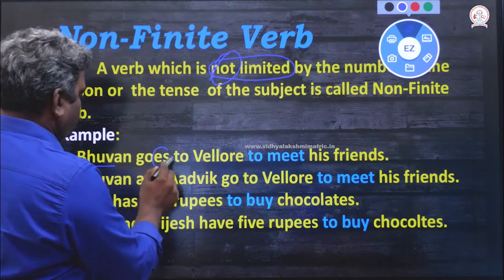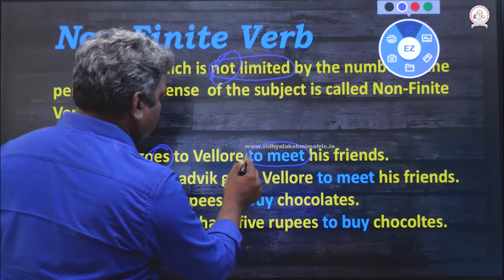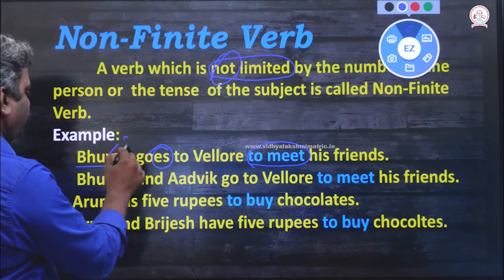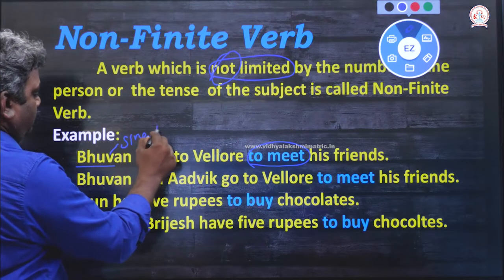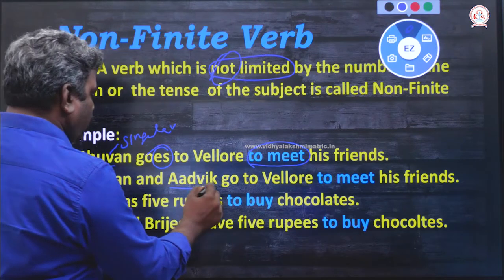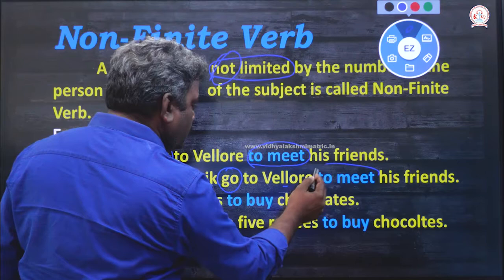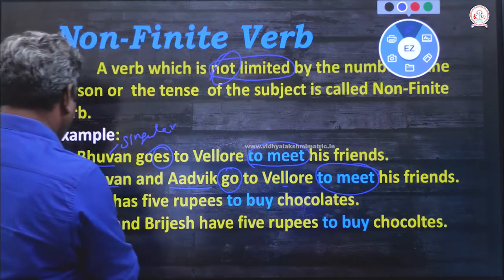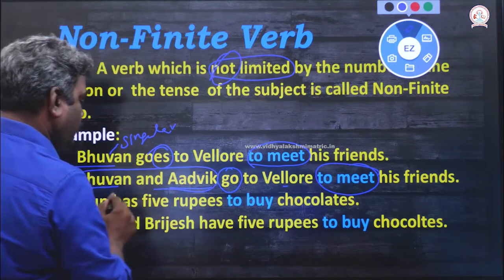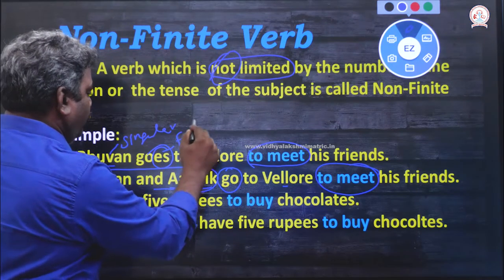Bhuvan goes to Vellore to meet. This is singular. Bhuvan and Atvik go to Vellore to meet. Because this is plural. This is called finite verb.